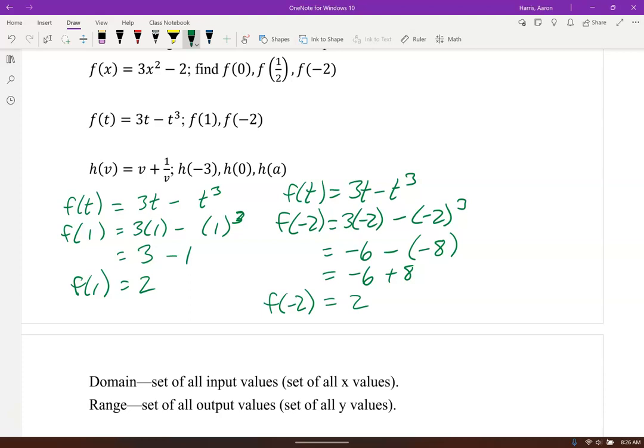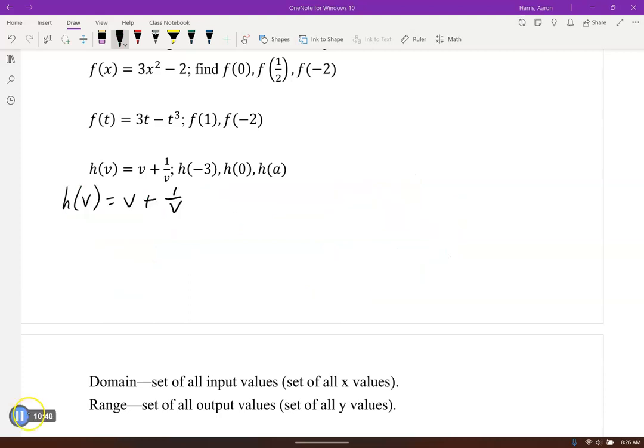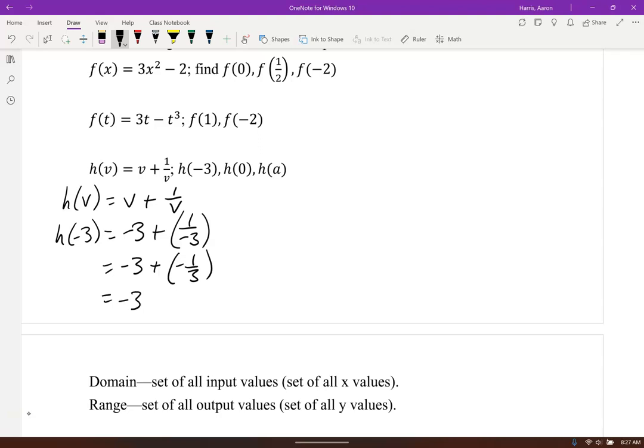And let's do this third one now. All right, this last one now, we've got h of v equals v plus 1 over v, and let's find h of negative 3 first. So I get negative 3 plus 1 over negative 3, which is negative 1/3, or negative 3 minus 1/3.